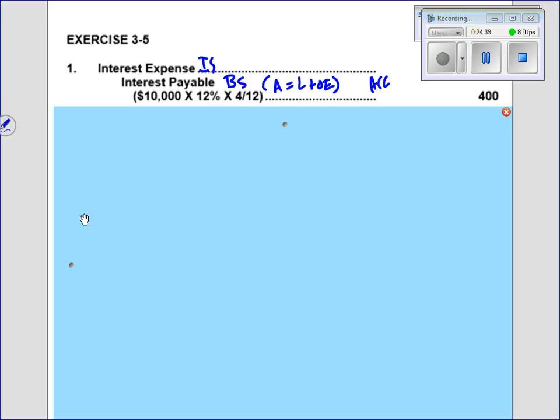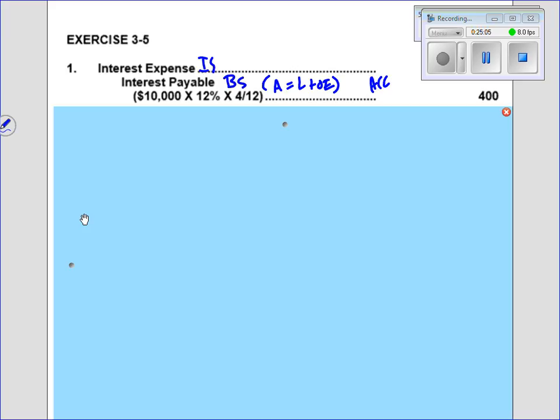Number 2. A count of supplies on December 31st indicates that supplies of $900 are on hand. Is that what we used or is still there? That's what's still there. How are we going to know what we used?